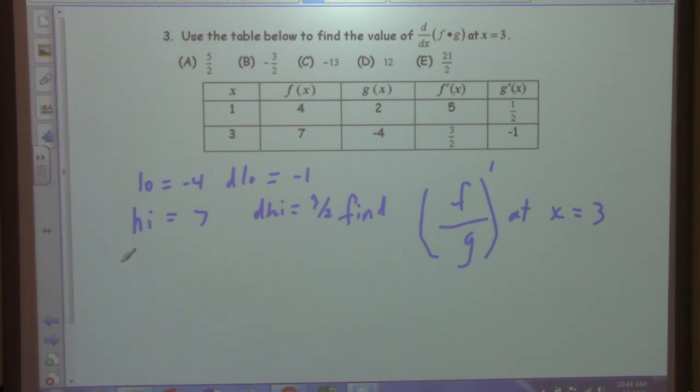So our answer to this is going to be low D high minus high D low, over low squared. So that's going to be 16. So here we're going to have negative 6 plus 7. So you get 1/16 out of that.